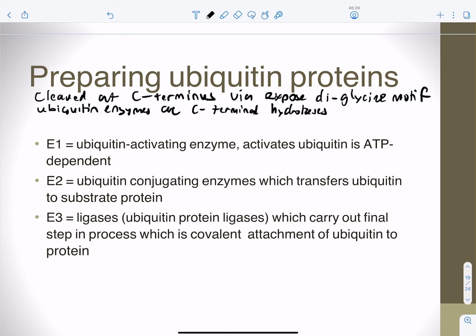There are some deubiquitinating enzymes. And these do what they say. They take ubiquitin off of a protein. And an example is BRCA1.